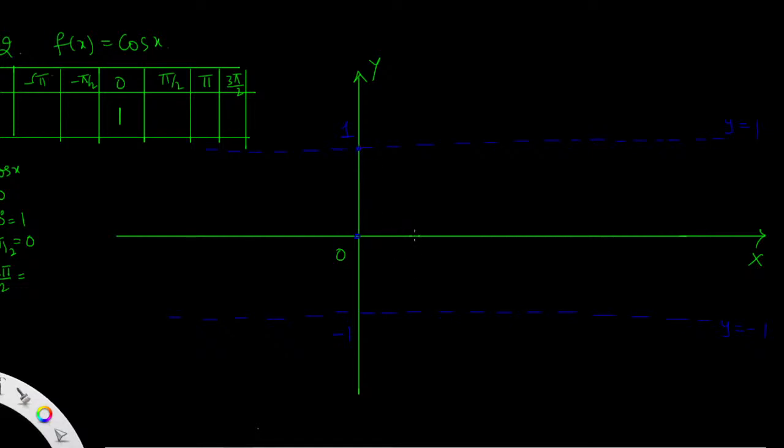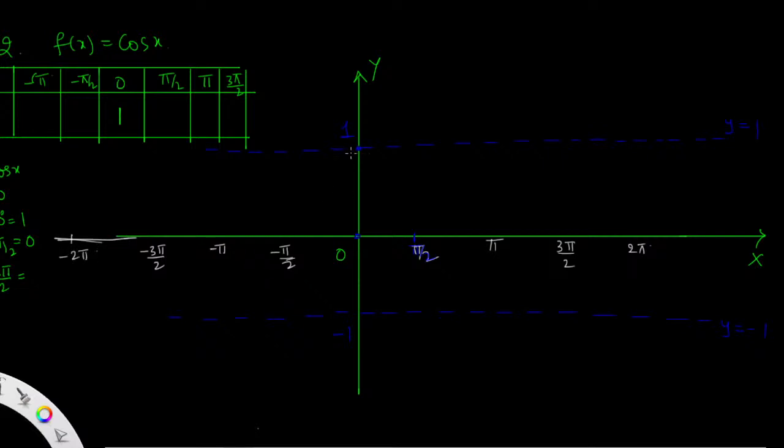And similarly you can take on the x-axis pi by 2 in another color, then pi, 3 pi by 2 and 2 pi. Simultaneously minus pi by 2, minus pi, minus 3 pi by 2, and then minus 2 pi.